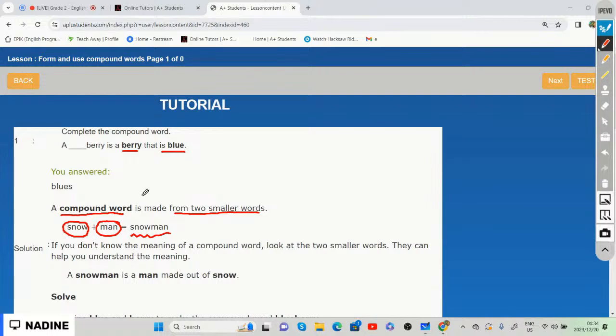What berry is that? I even underlined the two words.